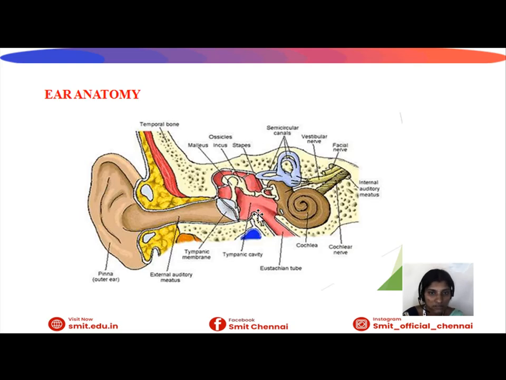Here these 3 bones will be in the middle ear. Here this nerves part and everything will come into the inner ear, which is connected to the nerve system. Cochlea will be here. This is the cochlear nerve. It is connected to the auditory system, and this is the complete ear anatomy.